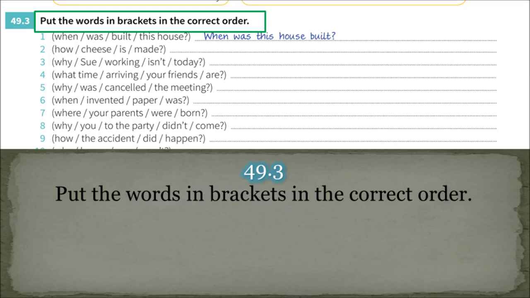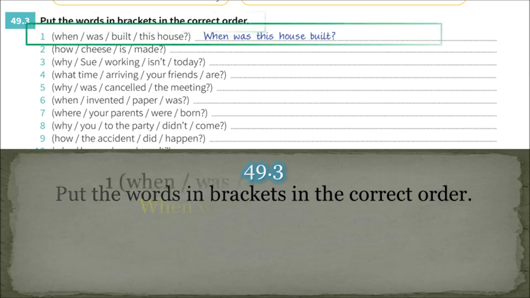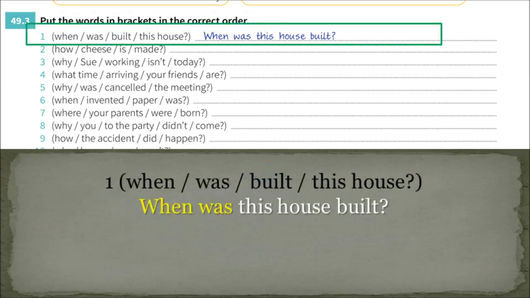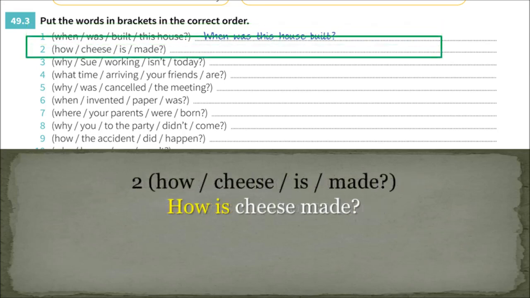49.3. Put the words in brackets in the correct order. When was this house built? How is cheese made?